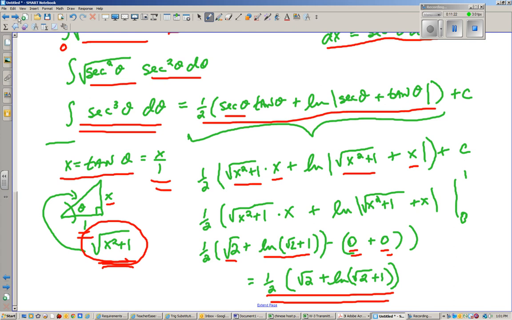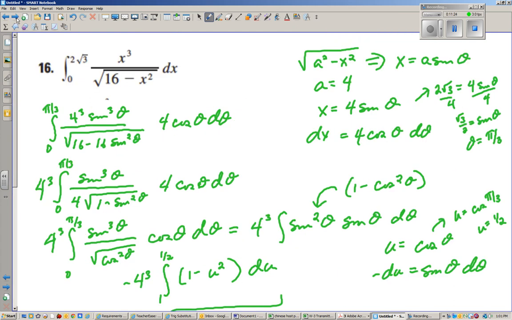The next problem, going on 11 minutes here, I'm doing as best I can. This one is of that form a squared minus x squared, which suggests that we should use the substitution a times the sine of theta. In this case, a is 4, so x is going to be 4 times the sine, and the derivative is going to be 4 times the cosine.